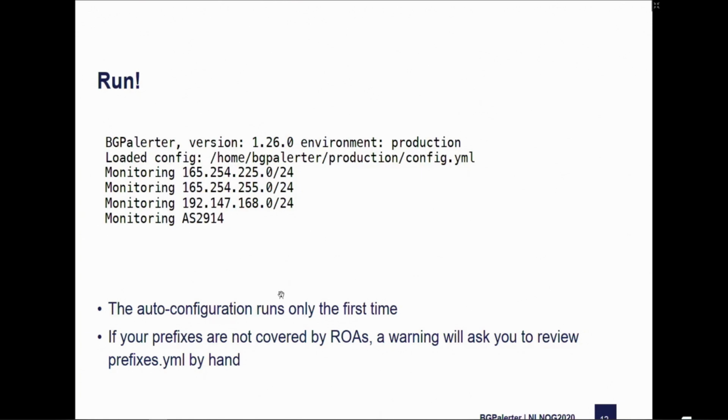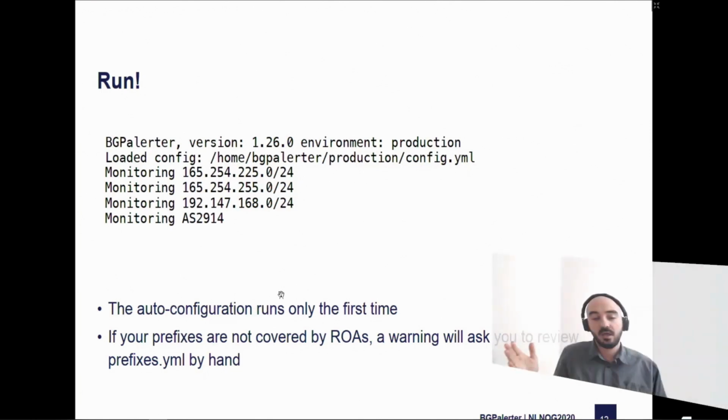If this second step is not possible because you don't have ROAs, it will enforce whatever you are announcing when you run the auto configuration. So if in that moment you are announcing something you were not supposed to announce, you are enforcing that status in the monitoring. If you're not sure your network configuration is correct at that moment, you may want to review it by hand. It's also a good way to have a summary.